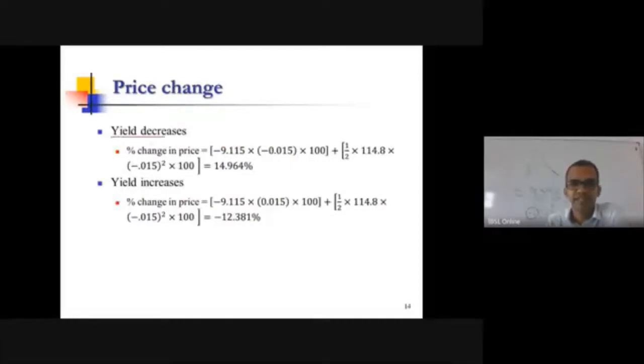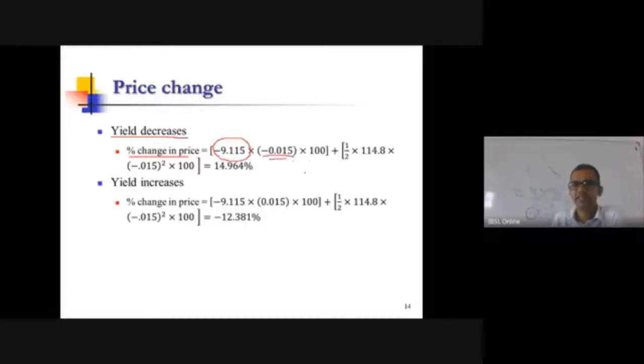So we have to do the calculation for two scenarios. One is when yield decreases, the other is when yield increases. What is the percentage change in price? When the yield decreases, duration is still 9.115. But remember the change in yield.